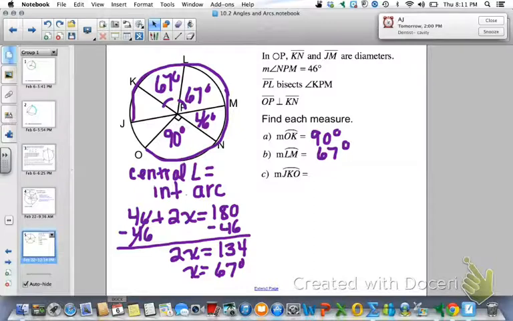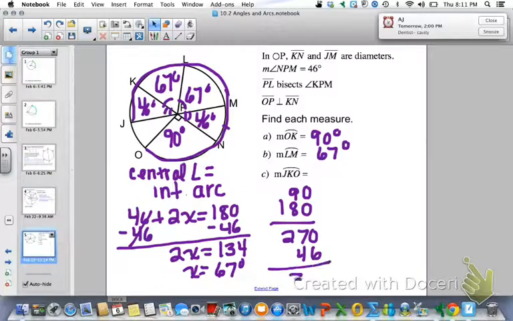And then here, these are vertical angles right here. So that makes this one 46 degrees. Okay, so the arc is all of those added up together. So 90, and I'm going to say that all of this is 180 from K to N. So let's simplify that. That gives me 270, and then add your 46. That gives you 316 degrees for the measure of arc JKO.